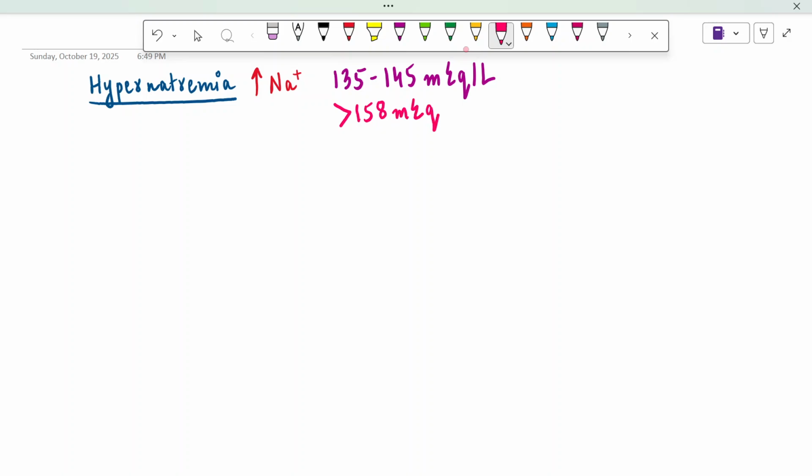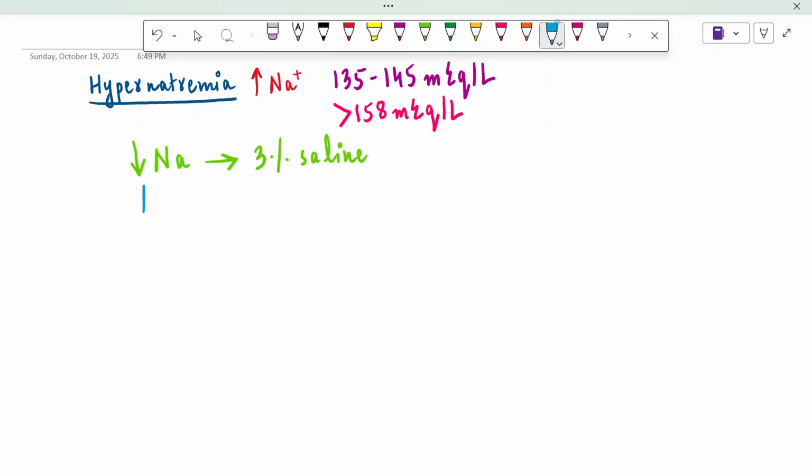That's obvious hypernatremia, right? In case of hyponatremia, when the sodium levels were very low, we were using a hypertonic saline, that is 3% saline, and this saline contains a large amount of sodium and chloride, and that's exactly what we need to treat the hyponatremia component.